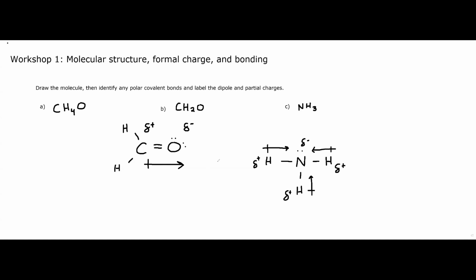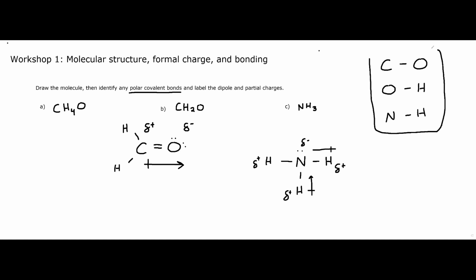It's a polar bond, so nitrogen is pulling that electron density closer to itself, giving it a partially negative charge. Okay, so overall, identifying dipoles and partial charges is quite simple, especially once you know what your polar covalent bonds are. The most common polar bonds we'll see will be the CO, the OH, and the NH. These 3 polar bonds will be very common throughout the whole course.